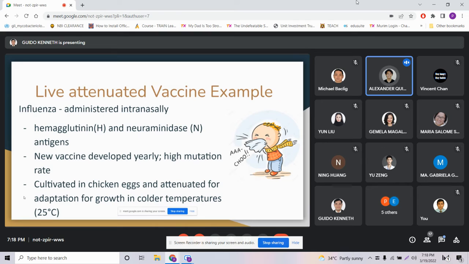It has the hemagglutinin and neuraminidase antigens. However, flu vaccines are developed yearly because of the virus's high mutation rate. And how it is prepared is it is cultivated in chicken eggs and attenuated for adaptation to cold temperatures.